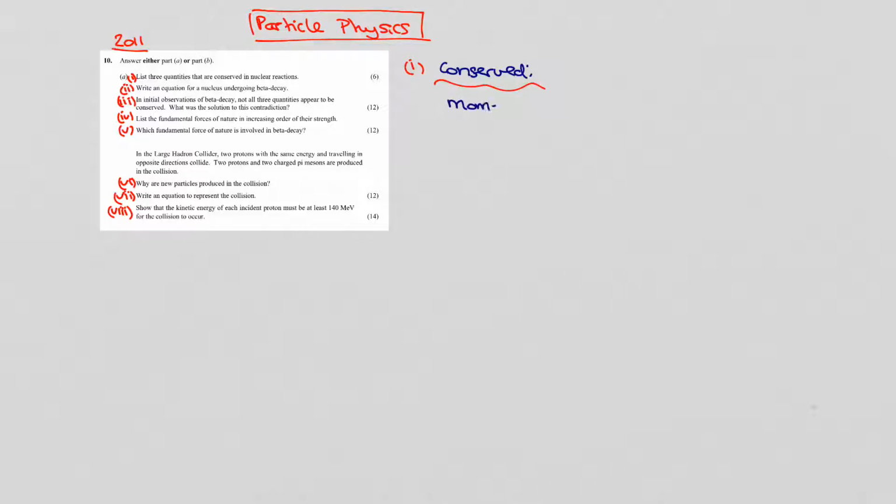So let's look at question 10a, part 1. We have to list 3 quantities that are conserved in nuclear reactions. So what is conserved? Well, the 3 obvious ones we always go with are: momentum is conserved, charge must be conserved, and of course mass energy is conserved.